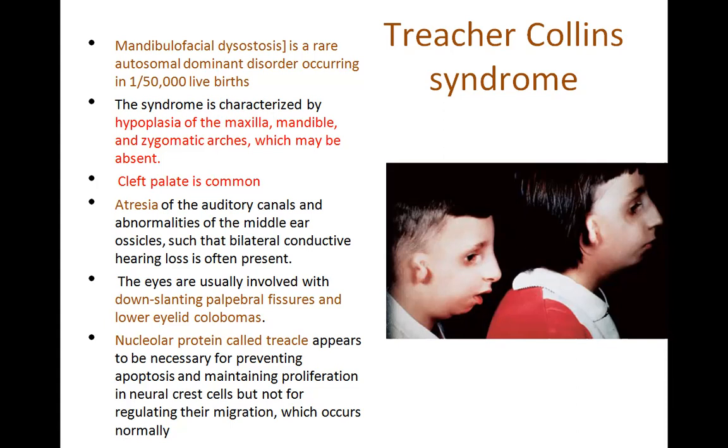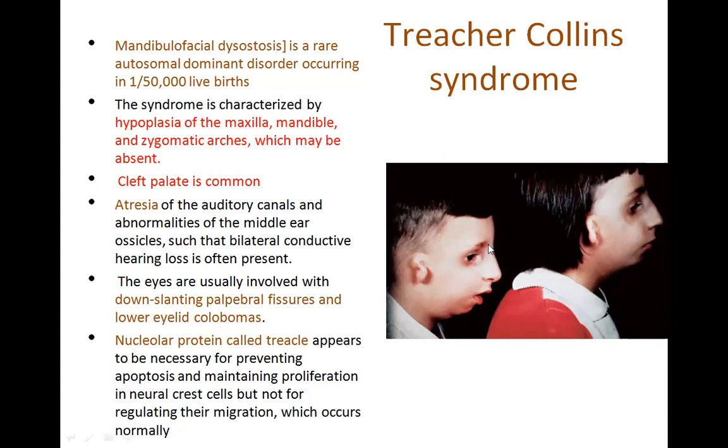Now the eyes are also involved because the mandible and the facial skeleton are involved. So there are down slanting palpebral fissures and lower eyelid colobomas. Colobomas means there is deficient formation of the lower eyelid.